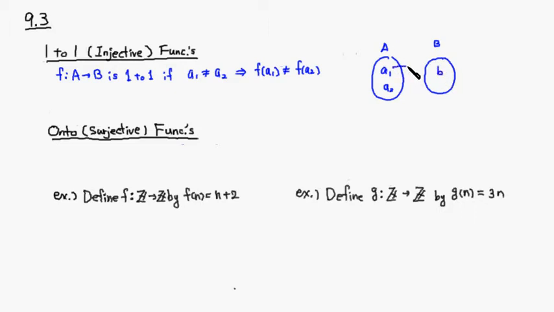So if the function maps A1 to B and A2 to B as well, this is a perfectly good function, but it's not one-to-one because when you have different A1 and A2 elements in A, the corresponding elements have to be different, but in this case A1 goes to B and also A2 goes to the same element B, which violates this condition. So this guy is not one-to-one.